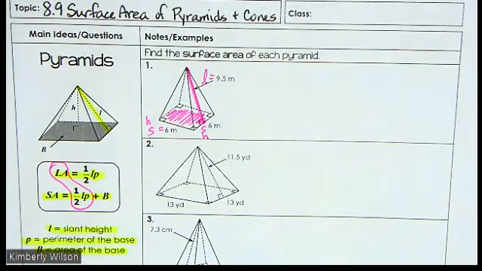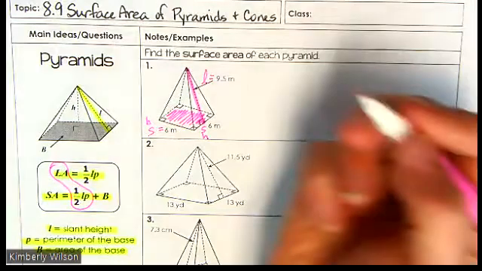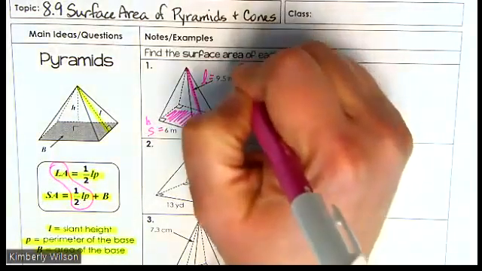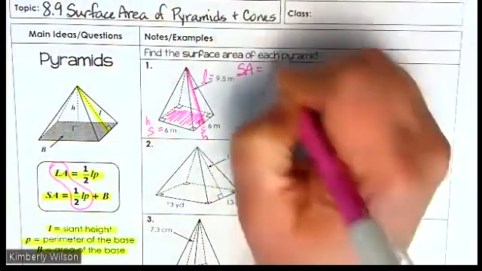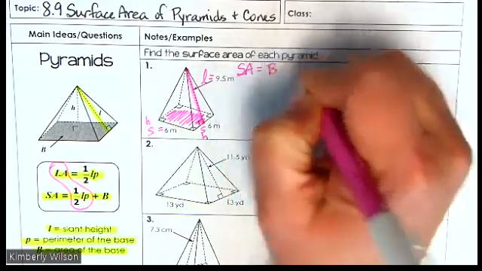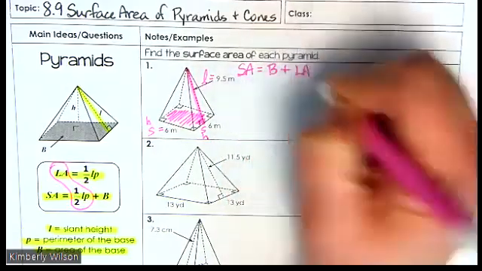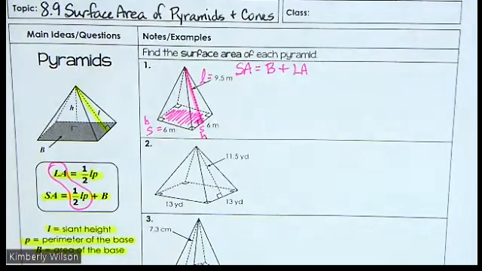Okay, now we can start doing our calculations. Remember, the first thing we're doing, we are figuring out the surface area. So that means I'm going to be doing the base plus the lateral area. You know me, I like to change colors. So here we go.